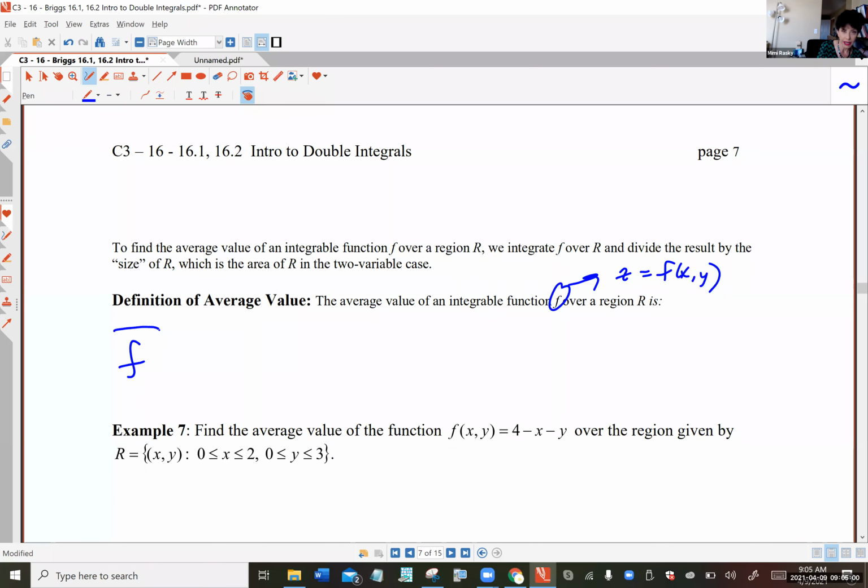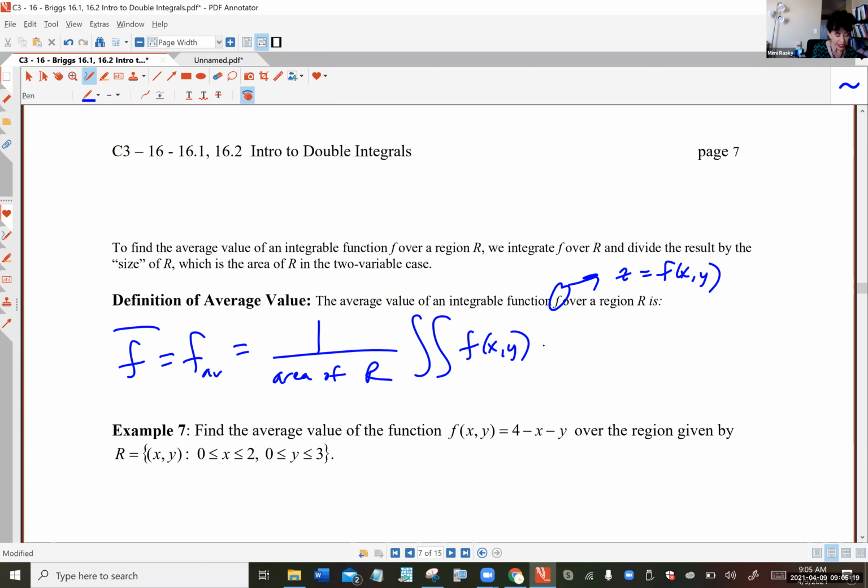F bar, or if you prefer the notation f average, is equal to 1 divided by the area of the region R, that's your region of integration, multiplied by the double integral of that function of two variables. And now I'm going to introduce some weird notation that you need to start getting comfortable with.